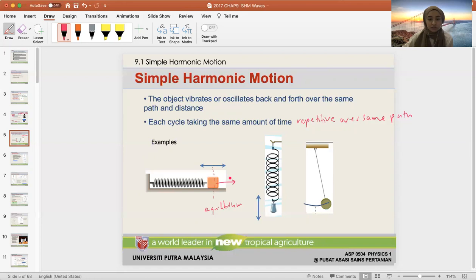Now I stretch it. Okay, so each cycle taking the same amount of time.